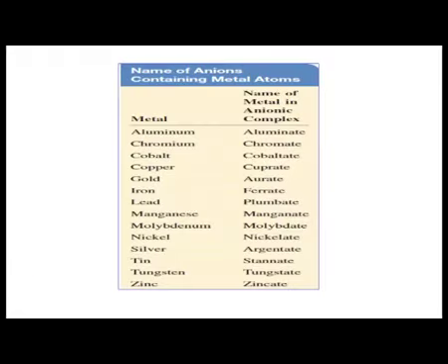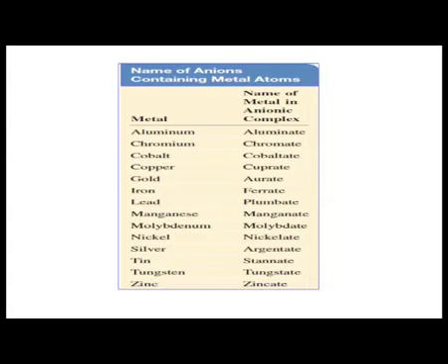In a similar fashion, the name of the metal in the anionic complex changes, when 6 cyanide groups are attached to iron. We are not saying iron 3, it would be ferrate 3.